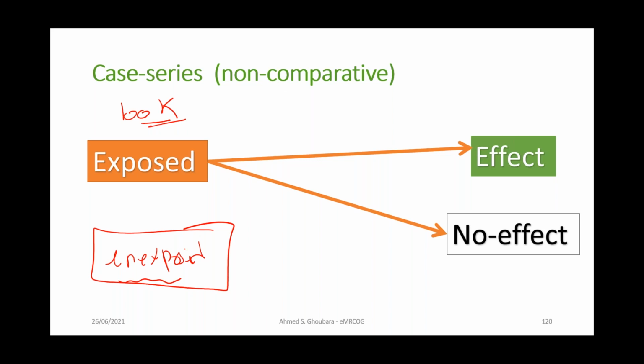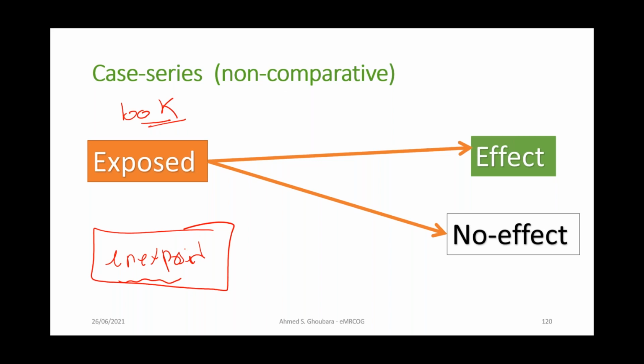Do you understand now the case series study? They're very simple. You take 1 million women, you study them, and you follow them over 15 years. At the end of 15 years, you will know the incidence of breast cancer.